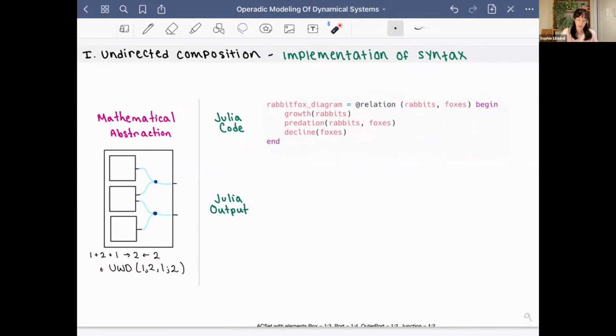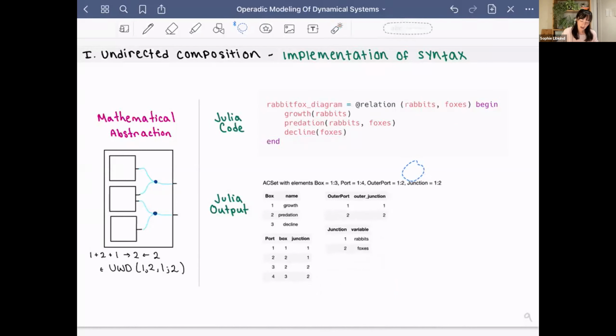So we specify names for our outer ports and then names for our boxes. Here we have 3 boxes: growth, predation, and decline. And we label the ports for each box. Our growth box has 1 rabbit port, our predation box has a rabbit and a fox port. And then the junctions are inferred by the union of inner ports and outer ports. So just in a few lines of code, we've now created this undirected wiring diagram.